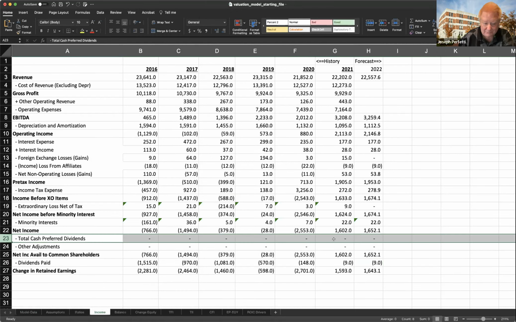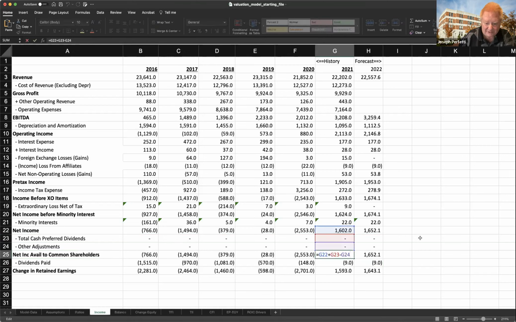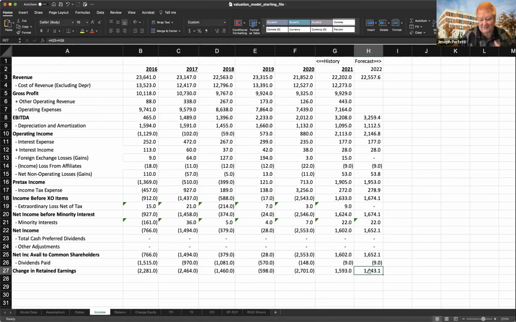So the reason I told you to copy row 25 over is because if you look at the formula, it's net income plus the preferred dividends minus the other adjustments, because I know G23 is going to be a negative number. So I've accounted for dividends being negative in solving for my change in retained earnings, and this is the number you should get, 1643.1. Questions about any of that?